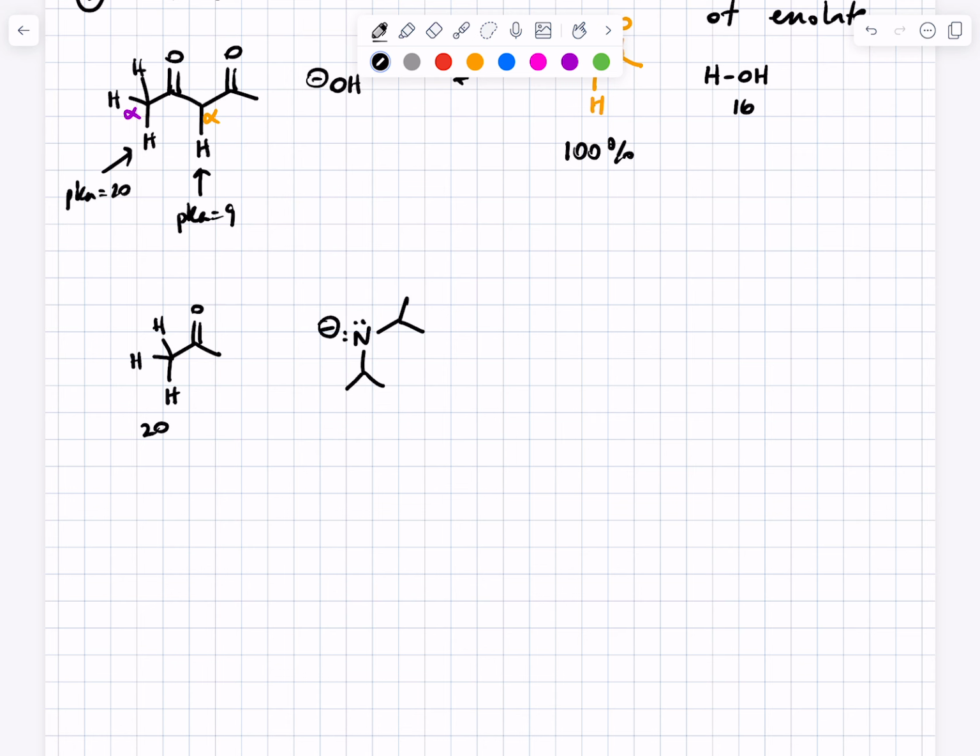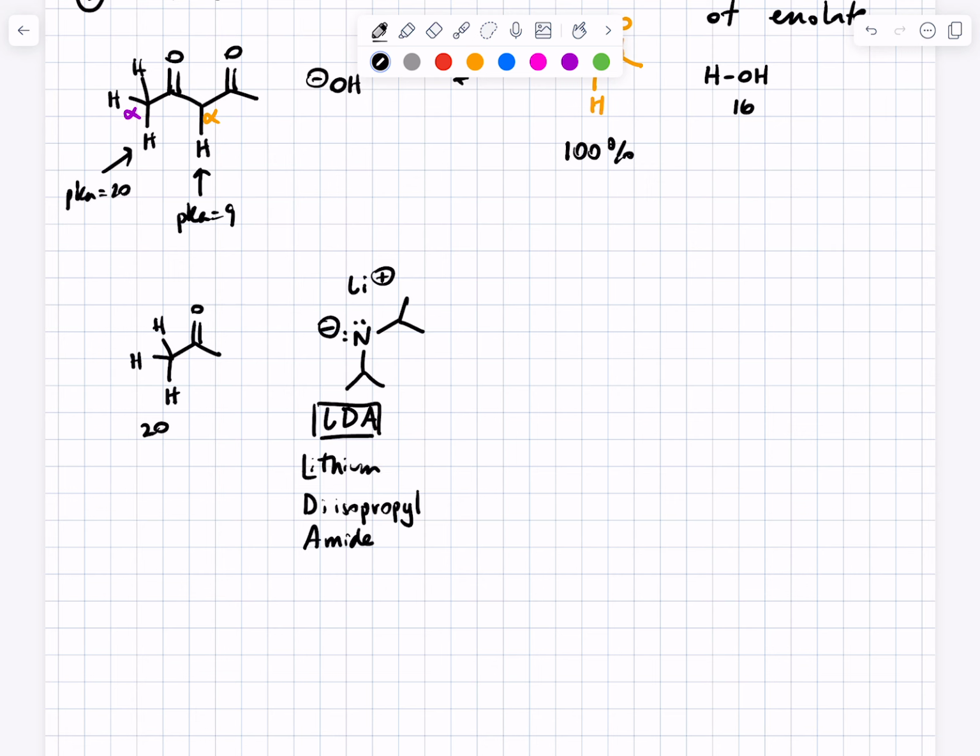It's got 2 isopropyl groups on it, and the counter ion is lithium. This is the base LDA, which stands for lithium, that's the L, diisopropyl. And then the functional group that has an alkyl nitrogen with a negative charge on it is called an amide. So lithium diisopropyl amide, that's different from the carbonyl functional group amide, but they've used the same term for both of them, so whatever.